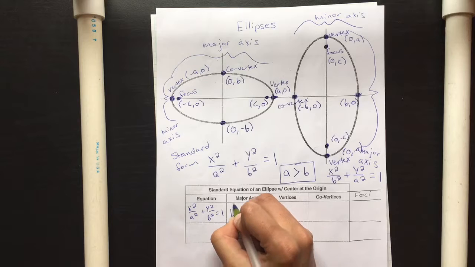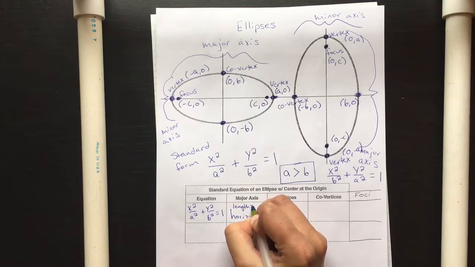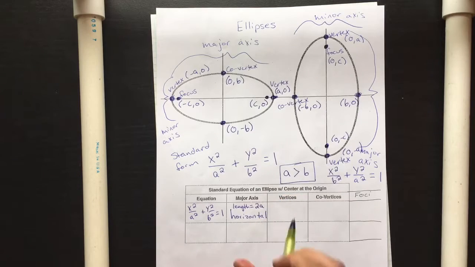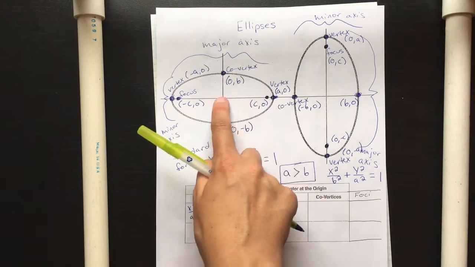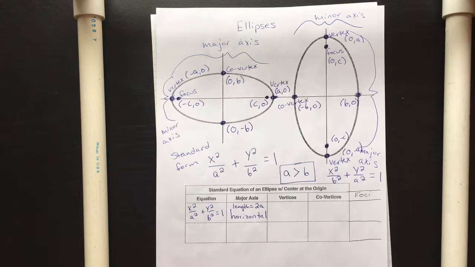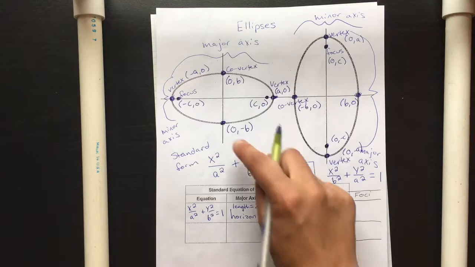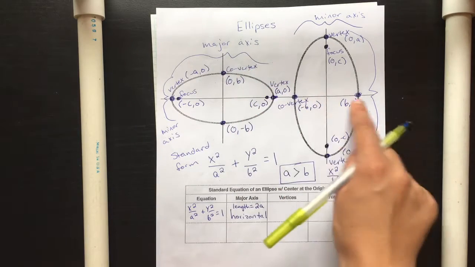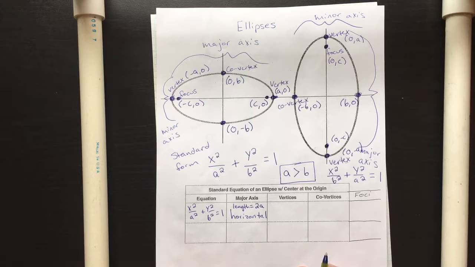So the length for the horizontal is going to be 2 times a. So a is kind of like its radius on the major axis. And similarly, if you needed the length of the minor axis, that would be 2 times b. That's the same for our other ellipse as well.